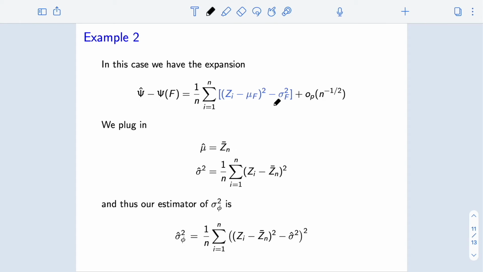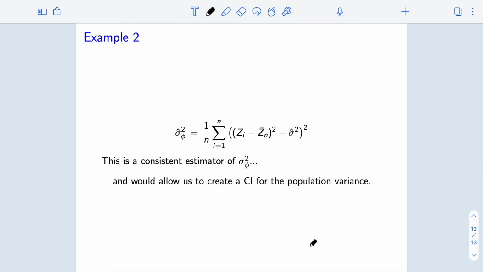Then we can estimate the variance of our influence function by taking this quantity with these pieces plugged in, squaring that, plugging in each zi, and then looking at the average of those squares. Again, this will give us an estimate of the variance of our influence function. If we want to turn this into an estimate of the standard deviation of the influence function, we would just apply a square root to this whole thing.